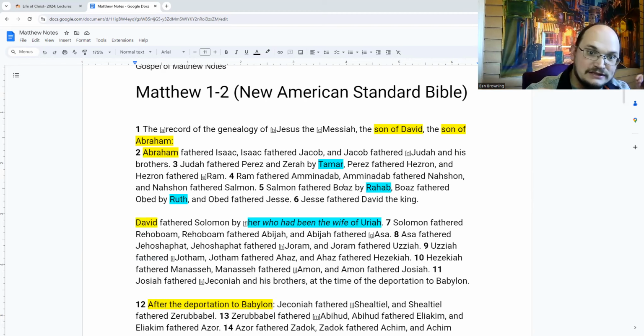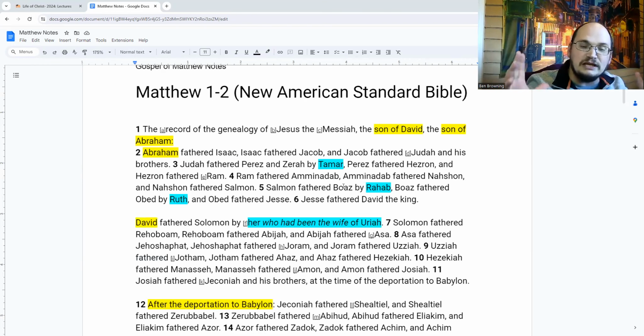Israel. In particular, in order to be the king of Israel, which is what the Messiah ultimately is, you have to check a few boxes. First thing is you have to be a son of Abraham. You have to be someone who actually is of Israel. And second, you have to be a son of David, someone who is a descendant of David and specifically of the tribe of Judah.